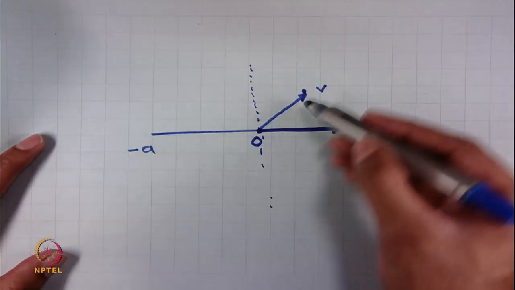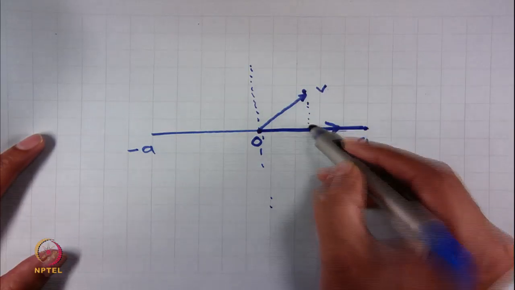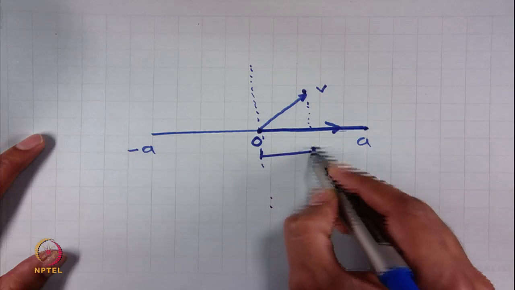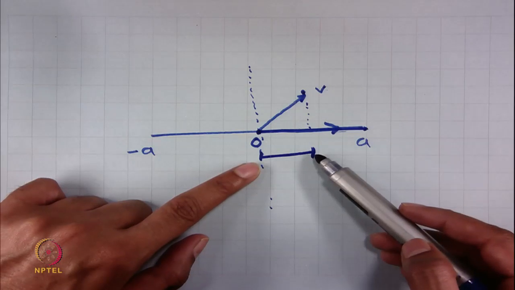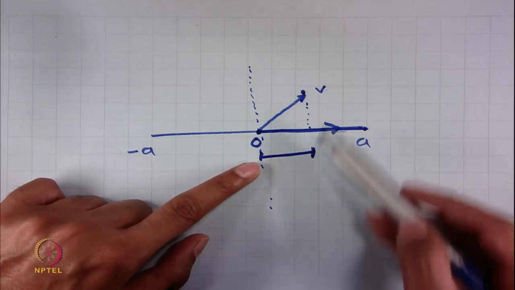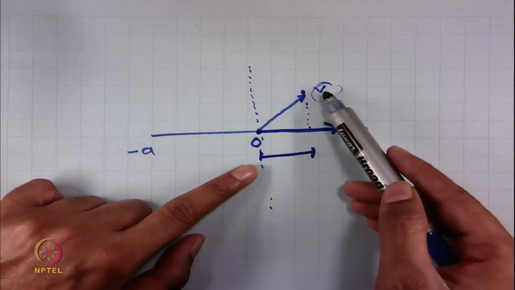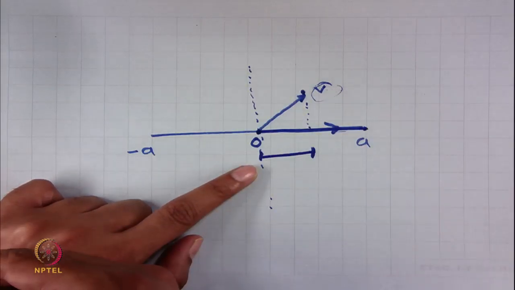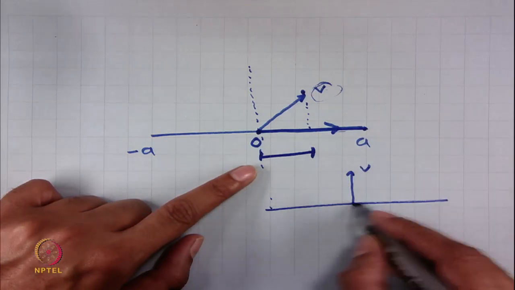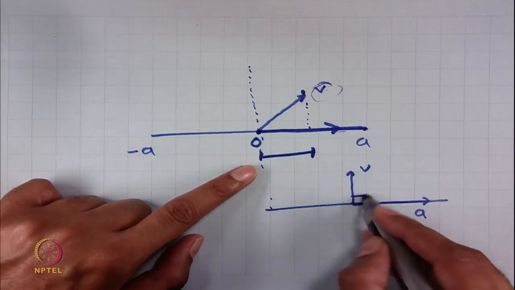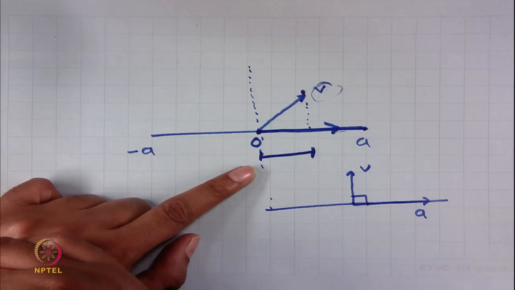The inner product of V with A is simply the projection of V on A multiplied by norm of A. Projection of V on A will give you this length, and this inner product will not be 0 until and unless this point V lies on the perpendicular bisector. When this point V lies on the perpendicular bisector, then you have such a situation. So, V is here, A is here, and then there is no projection of V on A because V and A are orthogonal or perpendicular.